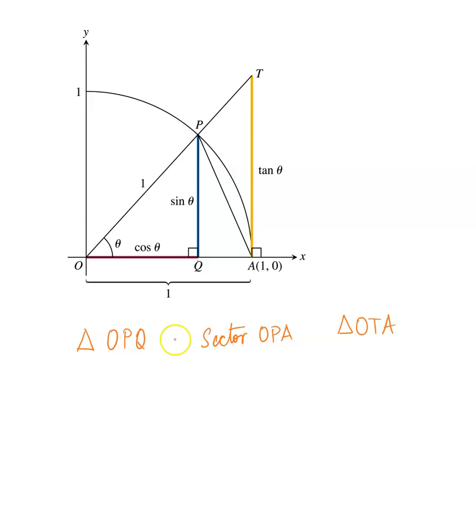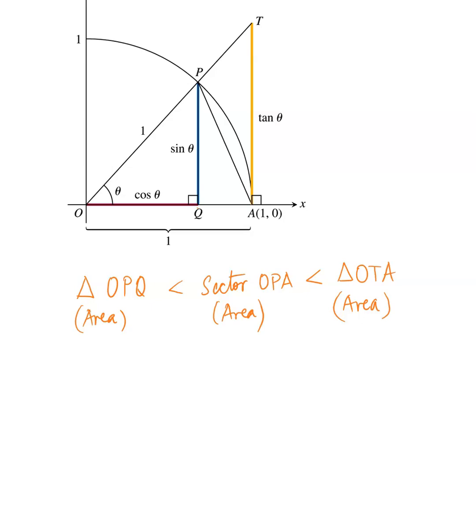Now we can see that this is how they will be in terms of the size of the triangles and the sector. So if you were to find the area of each one of these, the area of this triangle, the area of the sector, and the area of this triangle, that will help you to set it up. So that's one way. Now I want to quickly use geometry and trig here to show you, let's point out sine theta.